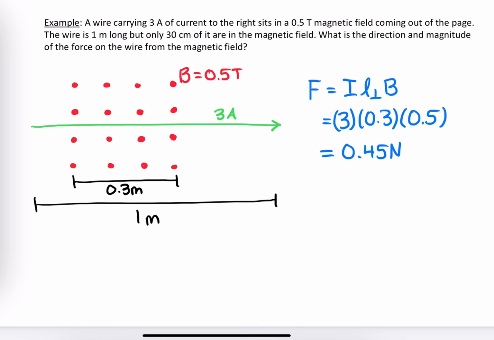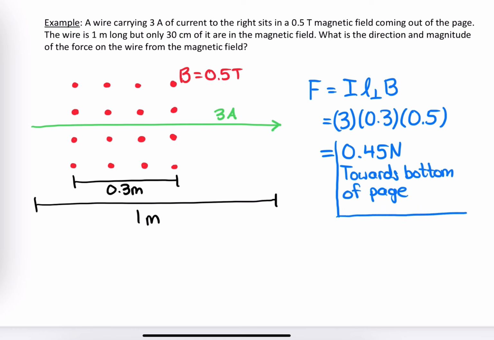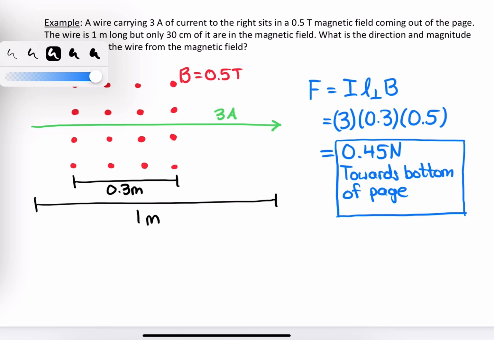So that is the direction of the force. And so that 0.45 we figured out from the formula, and this part is from the second right-hand rule.